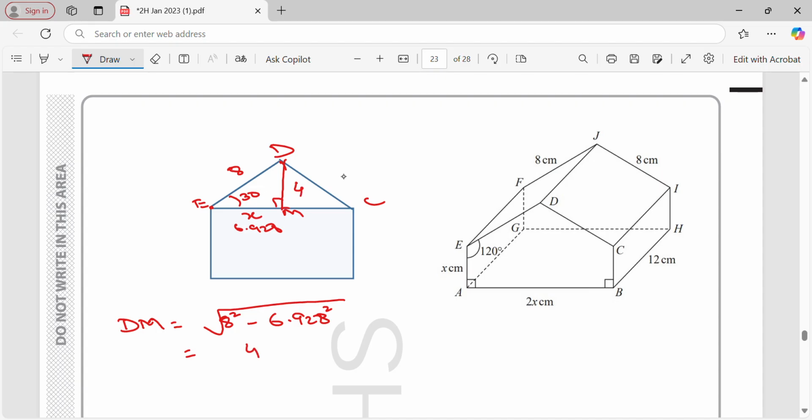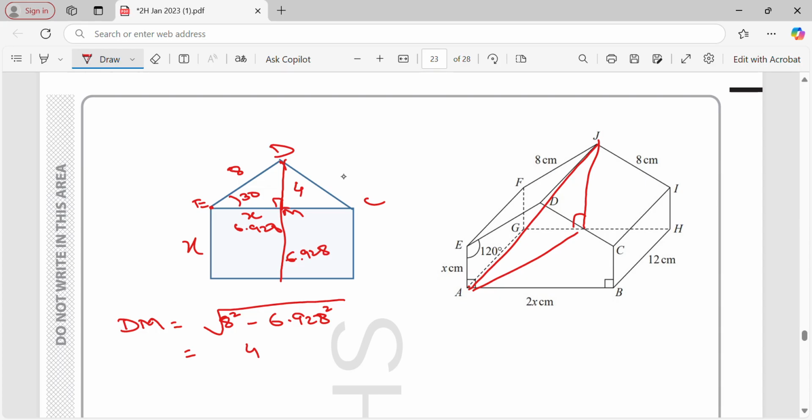So now we need to understand what I have to find out. I'm looking for the back side, the angle, the line from A to J, and the perpendicular line here, which makes a 90-degree angle at this point, and this length. The total of this length, because I split the pentagon into two parts, so this length DM is 4, and if I draw a line at this point, this is also 6.928, because this is x.